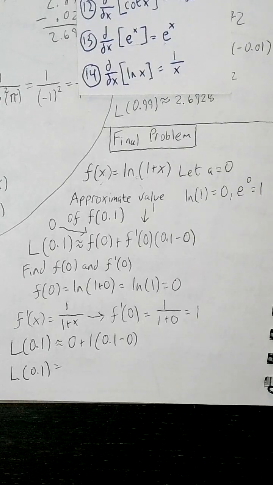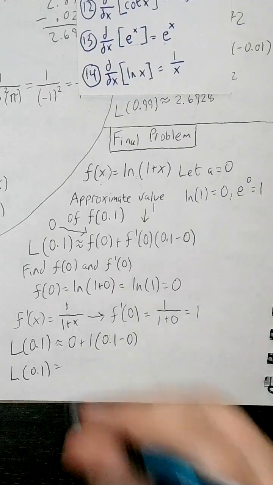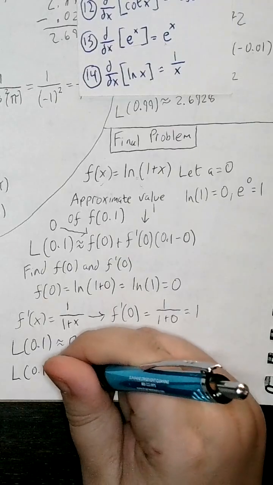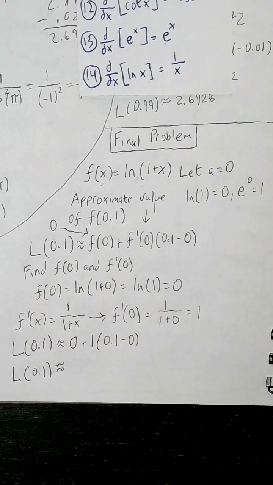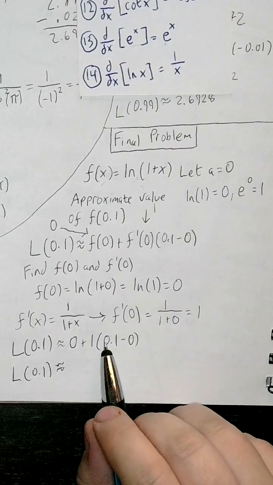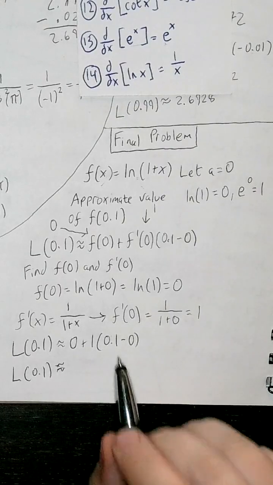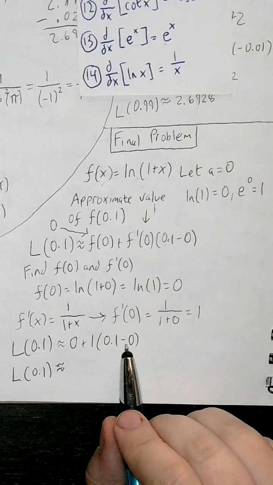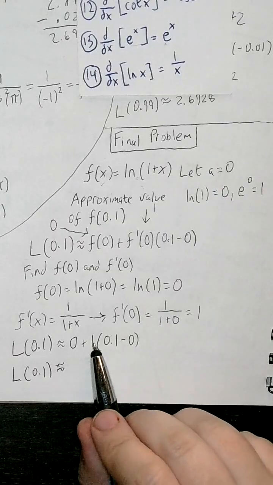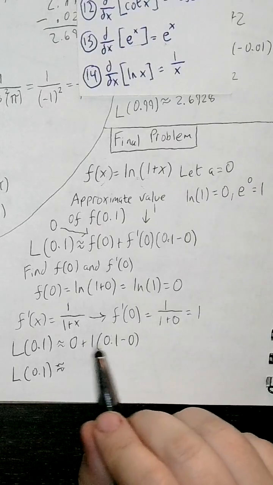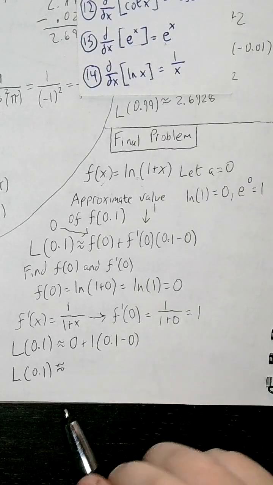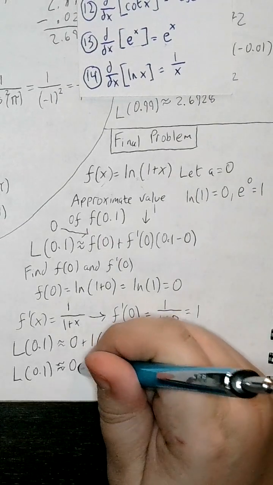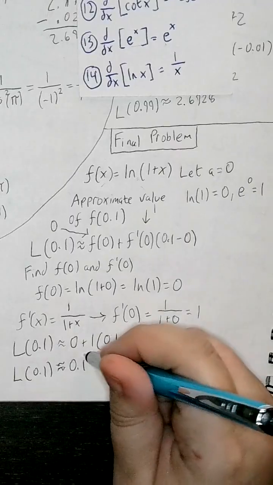Aaron says 0.1. Joyce says 0.1. So yeah, my answer ends up being 0.1. Why? Because 0.1 minus 0 is 0.1. 1 times anything is itself, and 0 plus anything is itself. So this is going to be 0.1. And that's it.